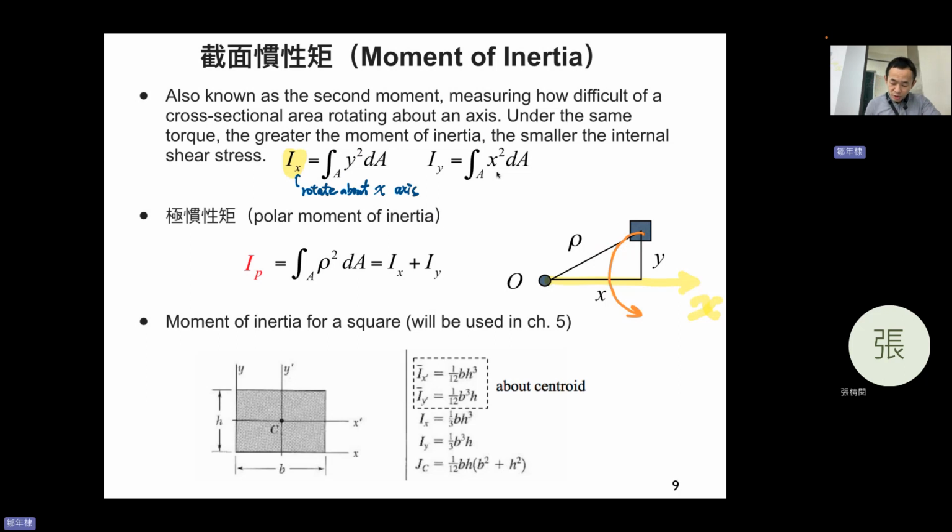Now Iy means the cross section rotating about the y-axis.